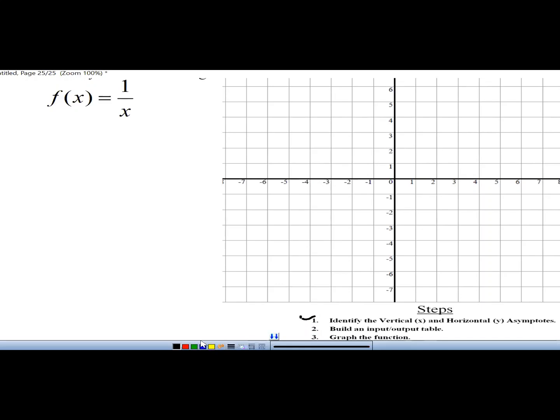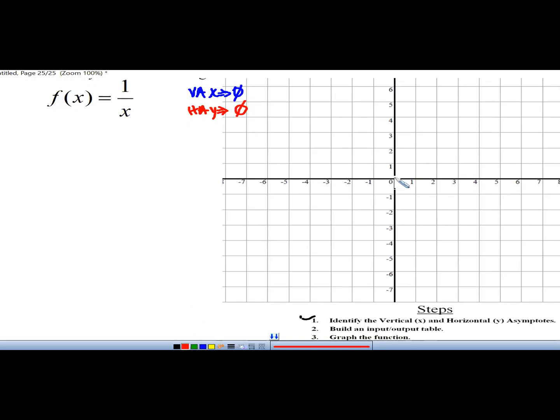So whenever they give you a function to graph, the first thing you do is you write VA, which is x equals, and HA, which is y equals. We need to identify those and we need to graph those. Earlier, we said that our VA was what? 0. And our HA was 0.